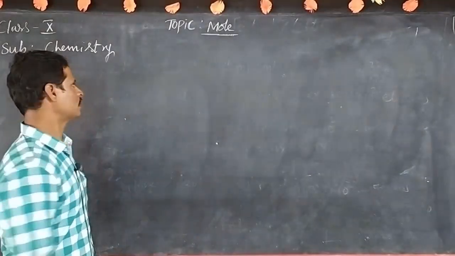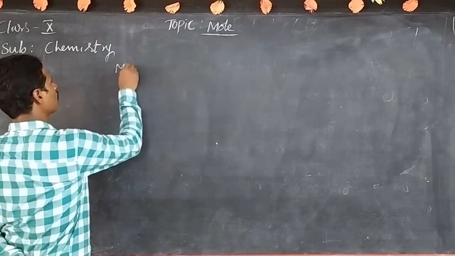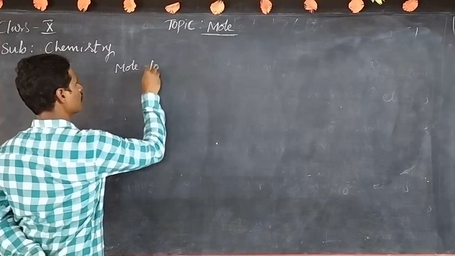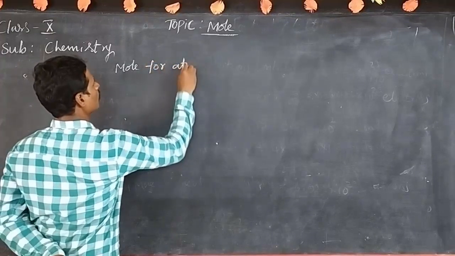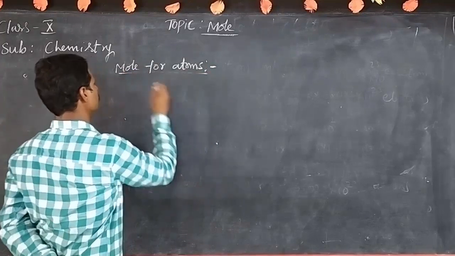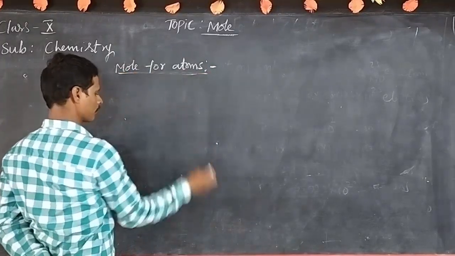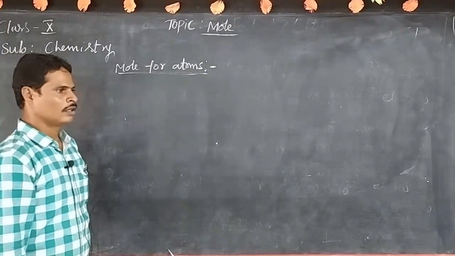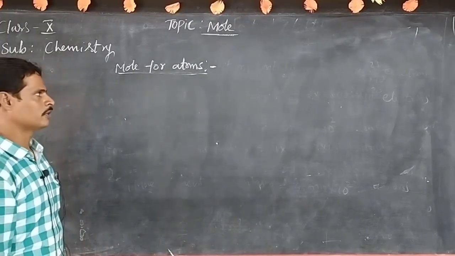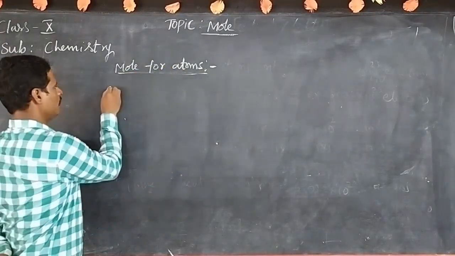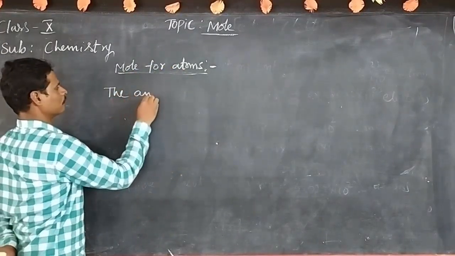Next, the last two definitions. Mole for atoms. The amount of substance which is equal to the gram atom of an element. That means we can apply the mole for atoms.